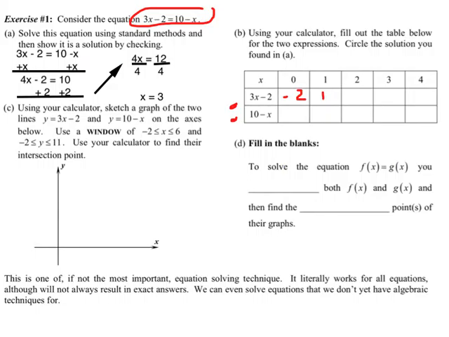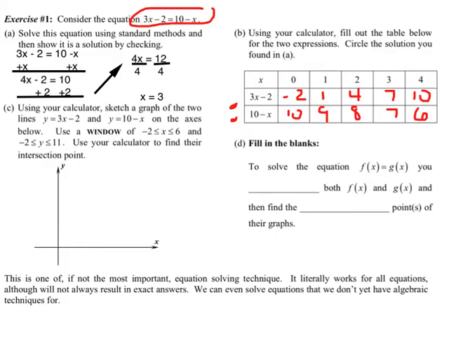If I plug in 2, 3 times 2 is 6, minus 2 is 4. I plug in 3, 3 times 3 is 9, minus 2 is 7. And 3 times 4 is 12, minus 2 is 10. That's the first row. The second row, 10 minus 0, of course, is 10. 10 minus 1 is 9. 10 minus 2, 8. 10 minus 3, 7. 10 minus 4, 6. And we've completed that by filling in the table.